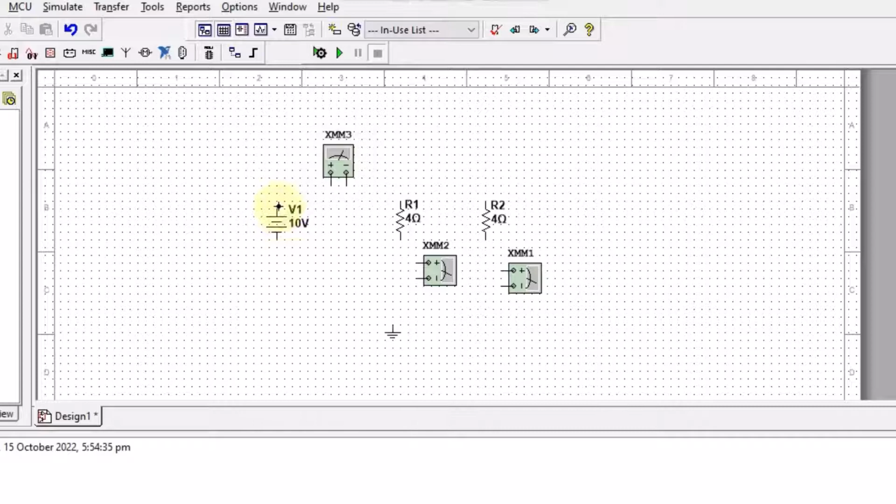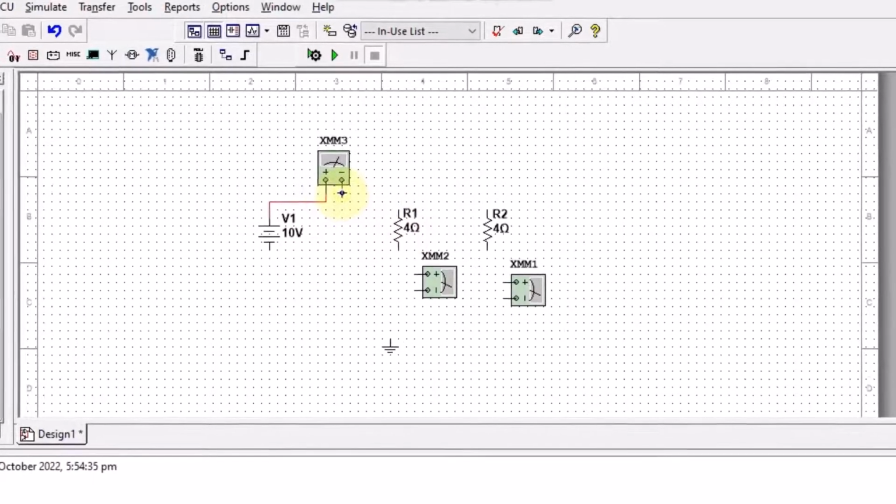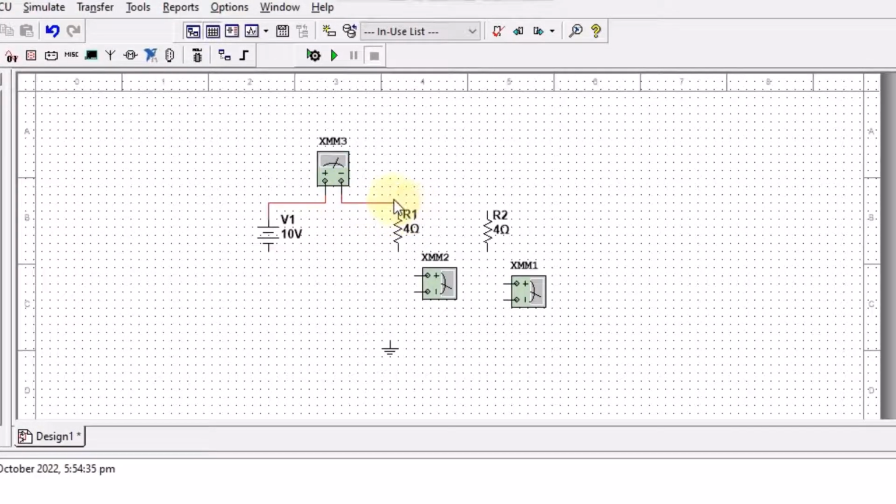Okay, so now connecting this one with this one, and also this one here with this one. Now these are in series with each other here and here, and here and here.